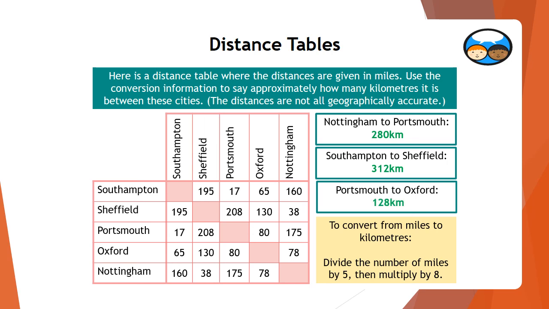And lastly, Portsmouth to Oxford is 80 miles. So 80 miles divided by 5 gives us 16, and 16 times 8 gives us 128. So well done if you managed to get those.